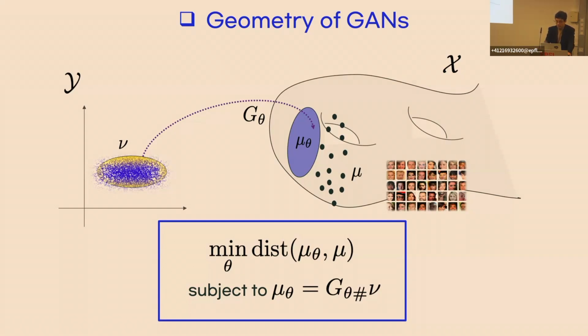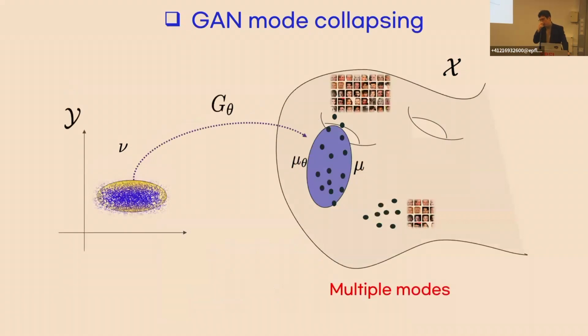This works fine, but the problem is mode collapse behavior. Why does mode collapse happen? This can be easily visualized. For example, your target has two kinds of modes. One may come from, for example, male face pictures, and the other from female, or maybe different races or something like that.